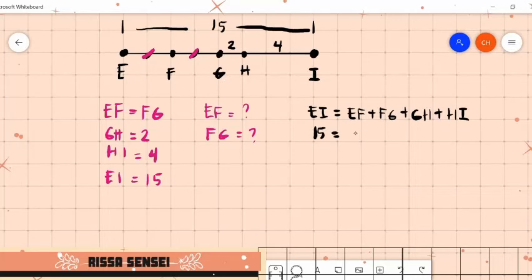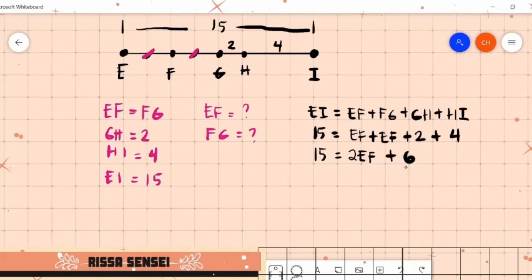EF is we don't know. So EF. And we know that FG is just equal to EF. So we can replace FG with EF. How about GH? GH is 2. HI is 4. Okay, now let's combine all the like terms. So 15, there are 2 EFs. So we can write it as 2EF plus 2 plus 4 is 6.